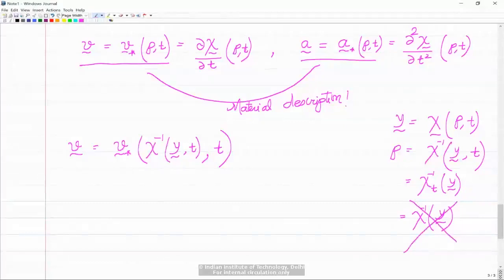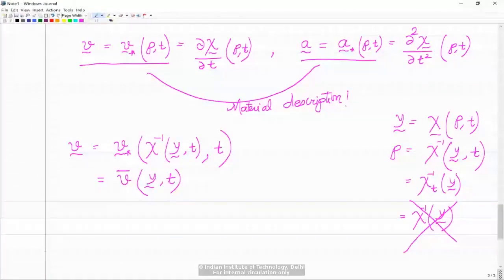Okay, so now with this you can see that it is v bar of y comma t, right?